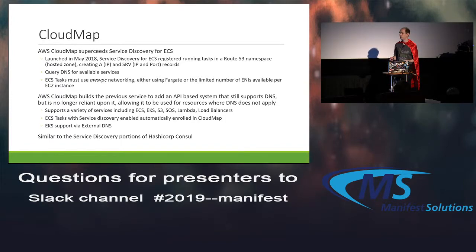And it's obviously got that support for ECS out of the box, so anything that you were previously using service discovery for would now be in CloudMap instead. And they added support for EKS as well, using external DNS, and support for a bunch of other services. And as discussed in the other session, this is very similar to the service discovery portions of HashiCorp Consul.